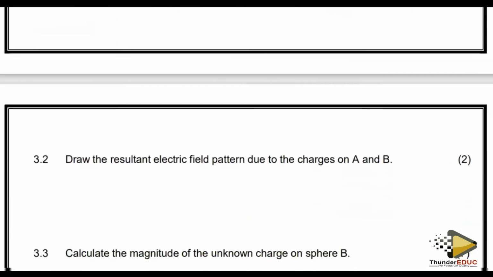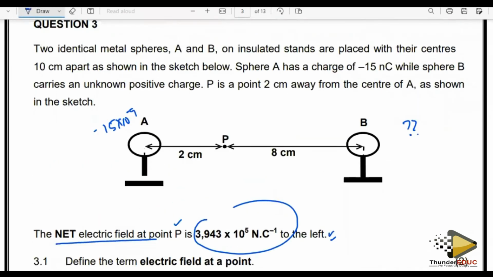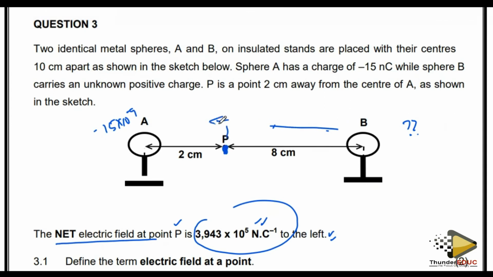Then they want us to draw the field pattern due to charges A and B. Now, since the net force is acting to the left, at this point, acting to the left, what do you think? What do you suggest?